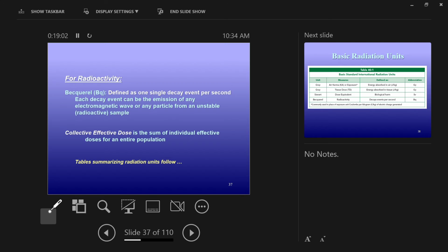A becquerel is 1 decay event per second. So if a source had a radioactivity of 100 becquerels, there would be 100 decay events per second. That's considered the rate of radioactivity. So this is 1 unit for the rate of radioactivity, becquerels given in decay events per second.